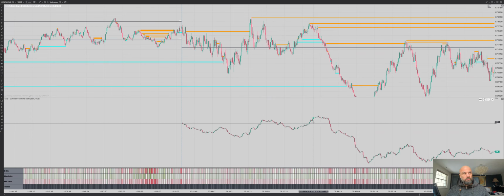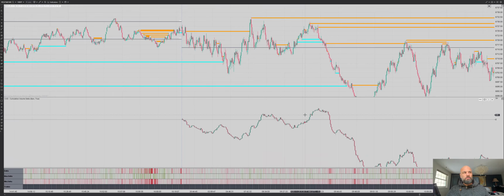I also noticed this. The chart that you see at the bottom here is cumulative volume delta. So it's basically the balance between aggressive buyers and aggressive sellers. In a healthy trending market, price follows delta to a T, and it kind of looks like it is, right? It's going up and it's going up.